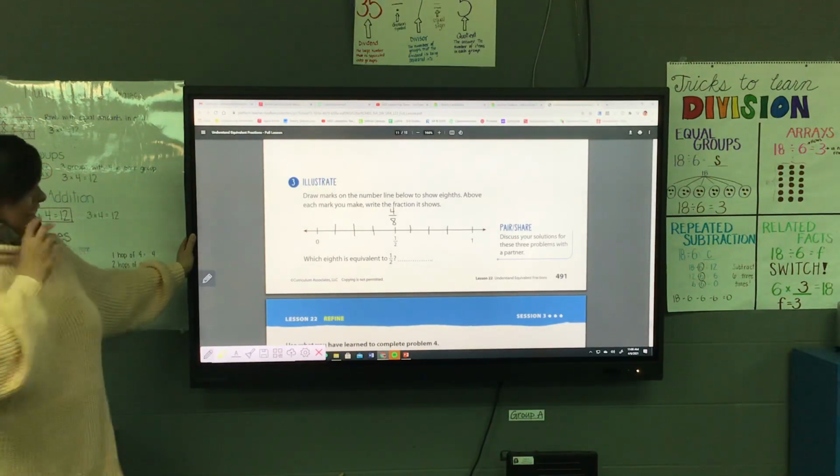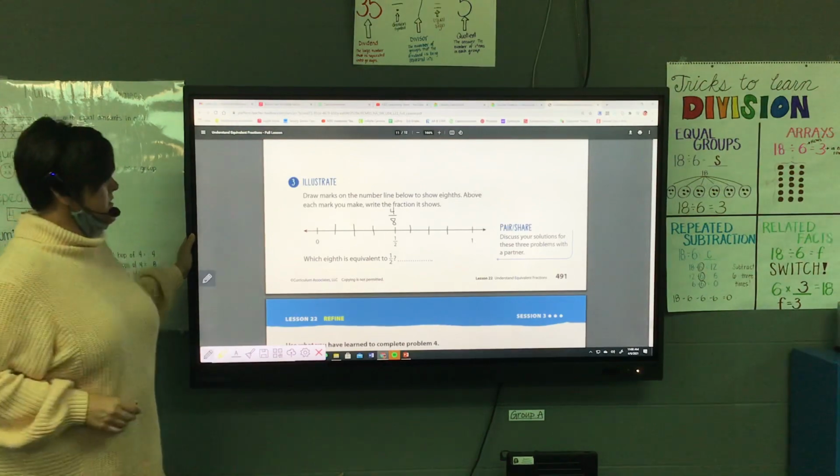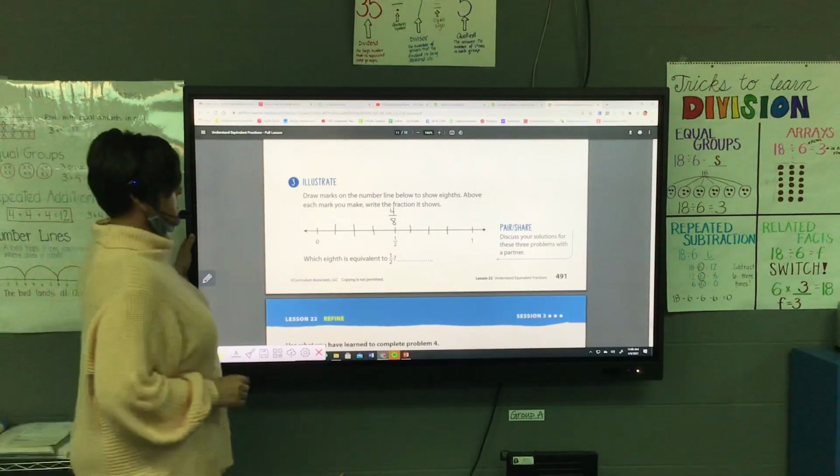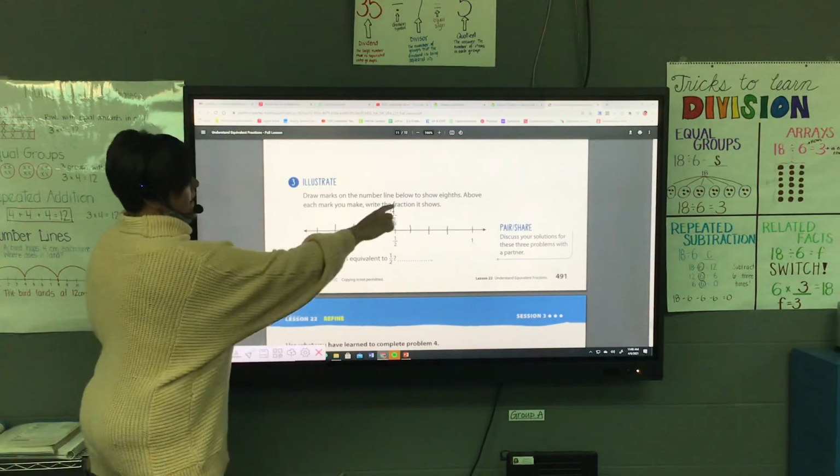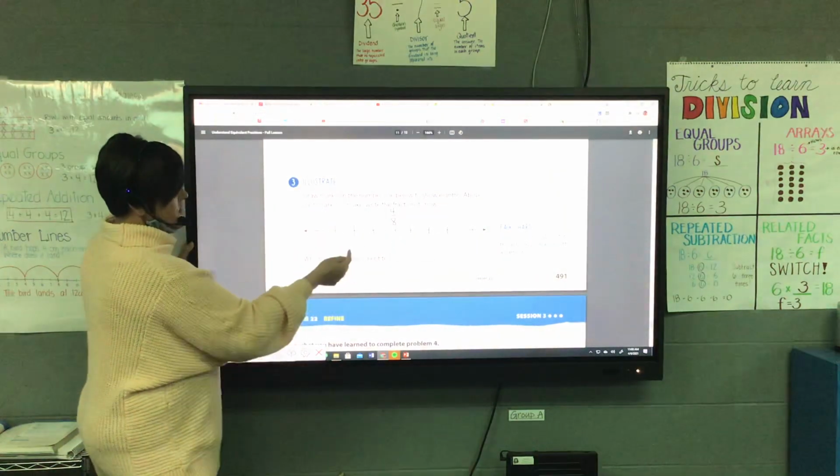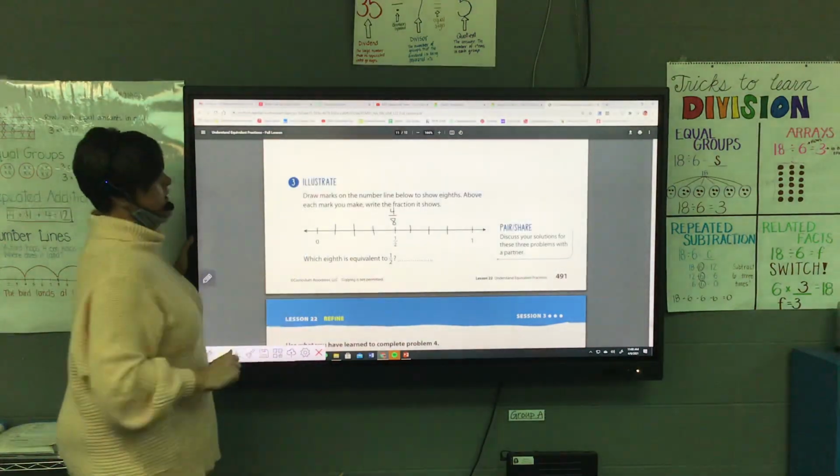So if we split that into 8 equal parts, it says write the fraction it shows above each mark that we make.